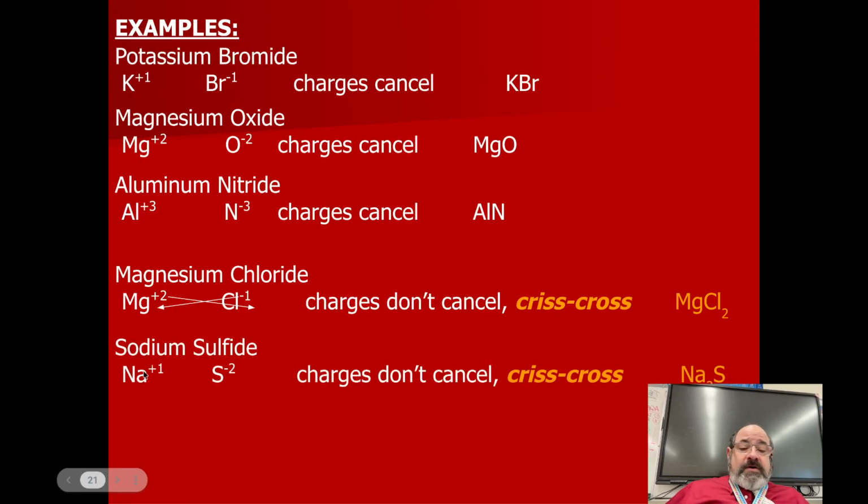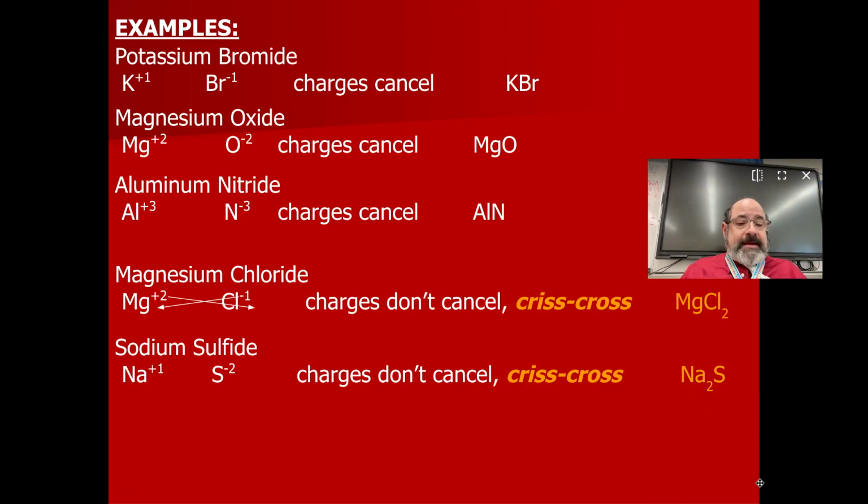Sodium sulfide, sodium +1, sulfide -2. Don't cancel, so they have to crisscross. So they crisscross, and you end up with Na2S. So look what happened. The 2 came down here, so it's Na2, and the 1 came down and went bye-bye.